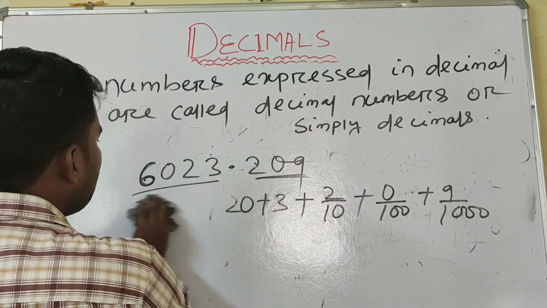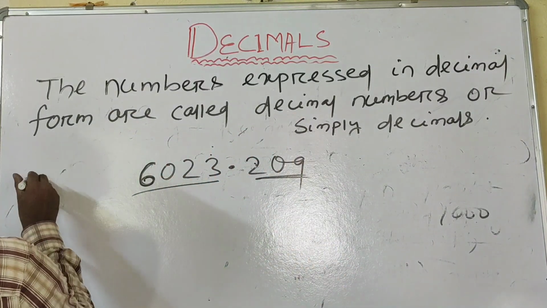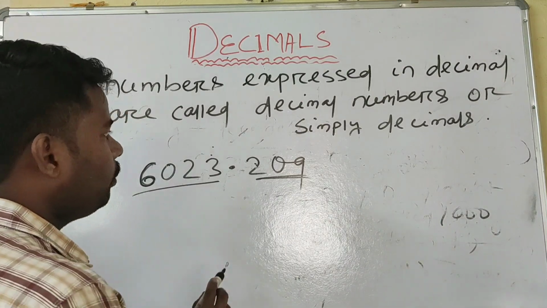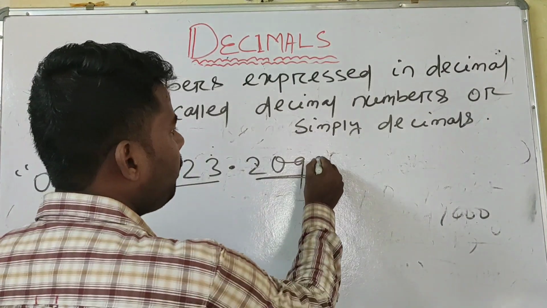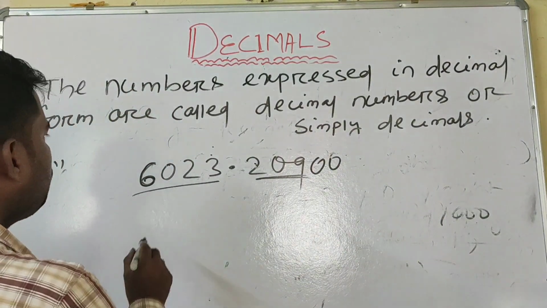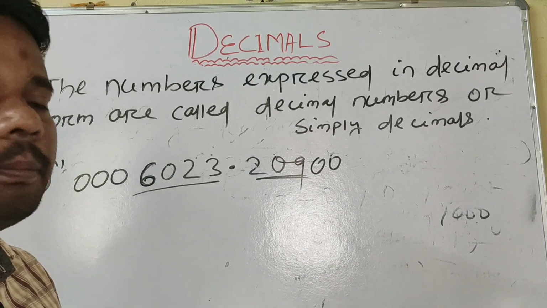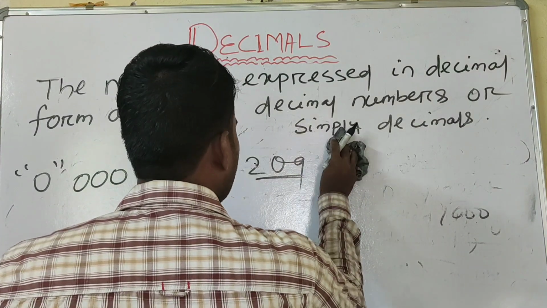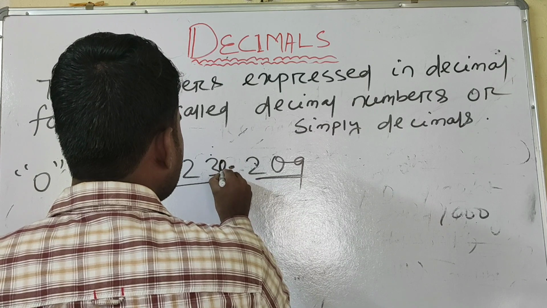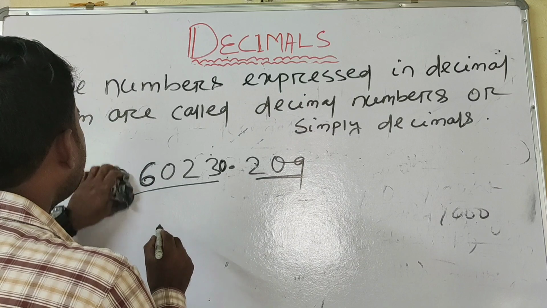Now we will learn about 0 in decimal numbers. When we put 0 at the extreme right side of the number, or at the extreme left side, it has no value. When we put 0 just one step to the left of the decimal point, it increases the whole number part 10 times.